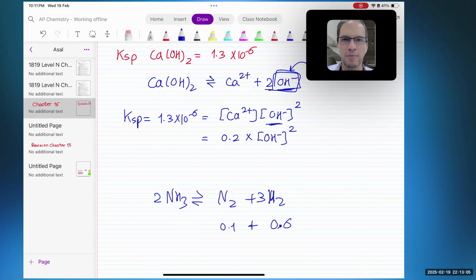What you will do, Ksp is equal to what? You will say 0.1 multiplied by 0.6 to the power of 3. You don't say multiplied by 3 تاني.